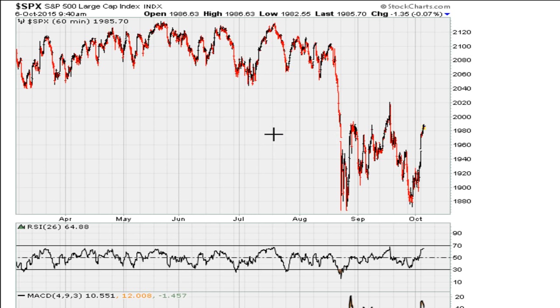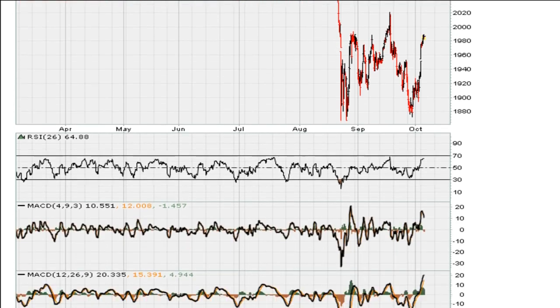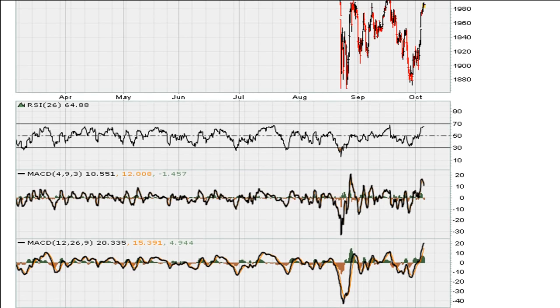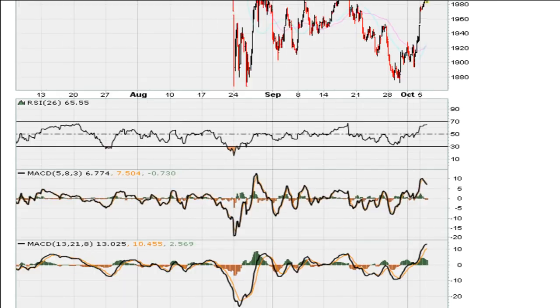We're taking a look at the hourly chart for the S&P 500, and just go back to this series here in the MACD where we are insisting that before a stock can move, both MACDs need to be above the zero line.